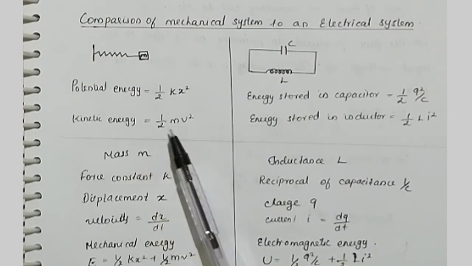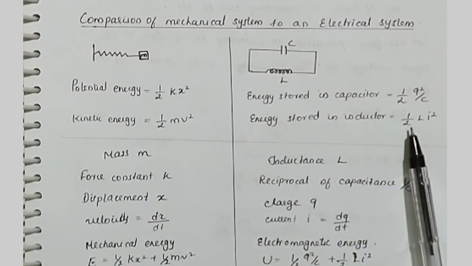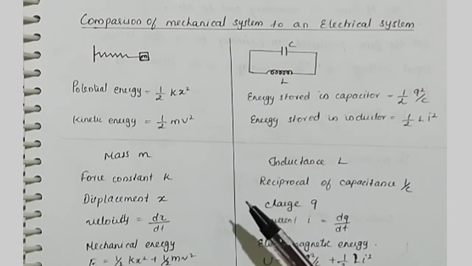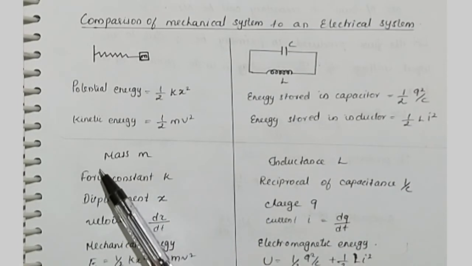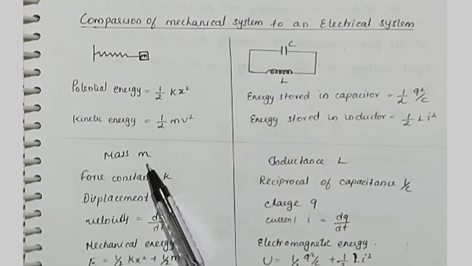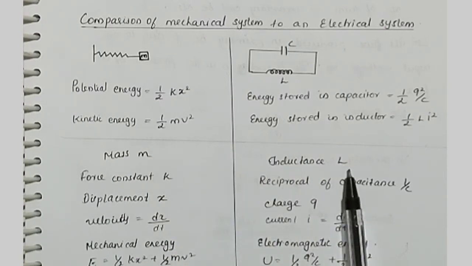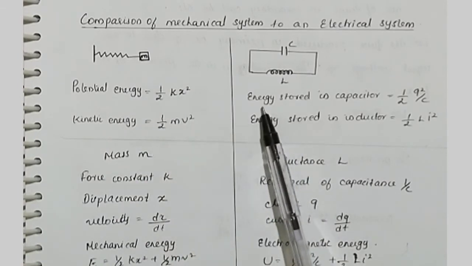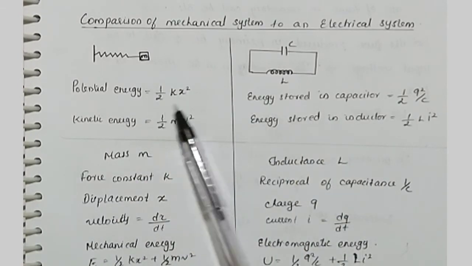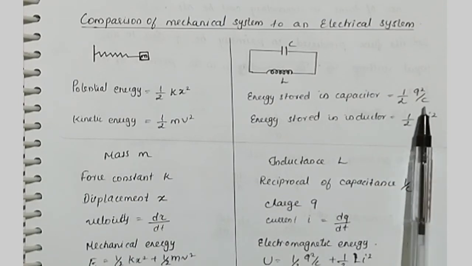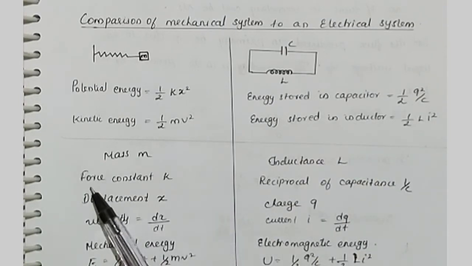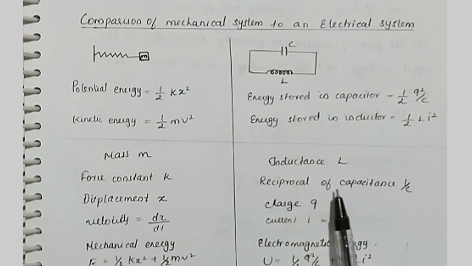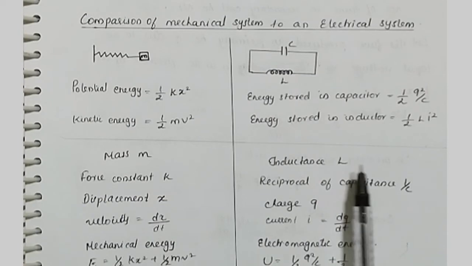The kinetic energy ½mv² can be compared to the magnetic energy ½Li², from which we can say that for mass m in the mechanical system, we have inductance L in the electrical system. Now on comparing the potential energy ½kx² with the electrical energy in the capacitor ½q²/C, we can say that the force constant k is replaced by the reciprocal of capacitance, 1/C, in the electrical system.